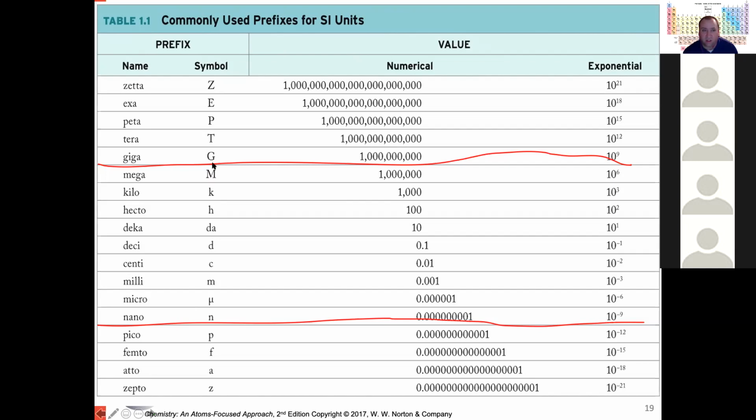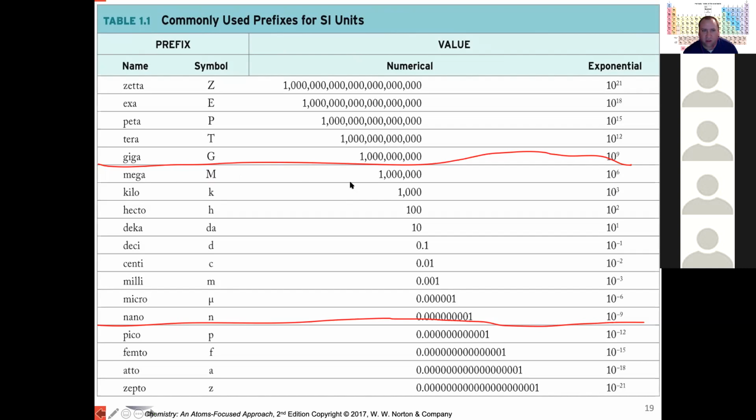Now, giga, which is outside of our red lines, but a well-known unit, is 1 billion times the base unit. And so if I have a gigameter or a gigabyte, that's 1 billion times larger than a byte, or 1 billion times larger than a meter for a gigameter.